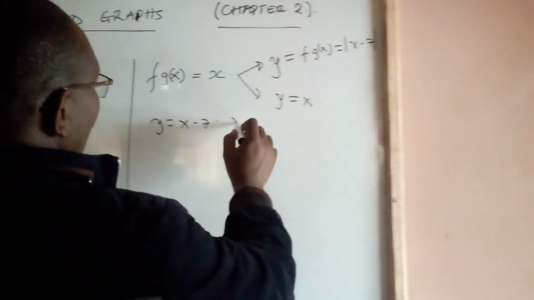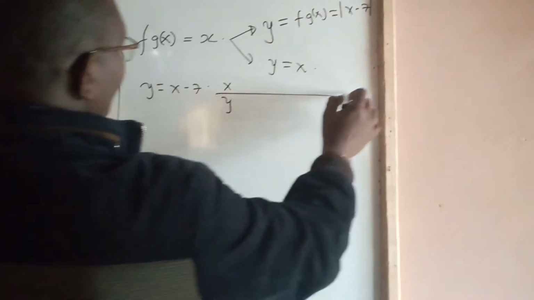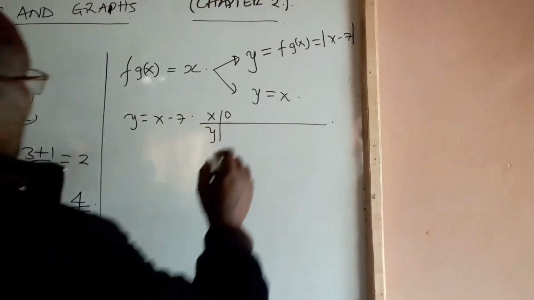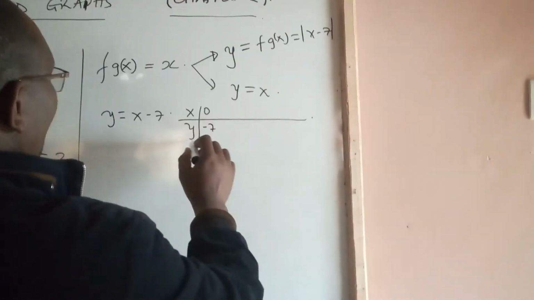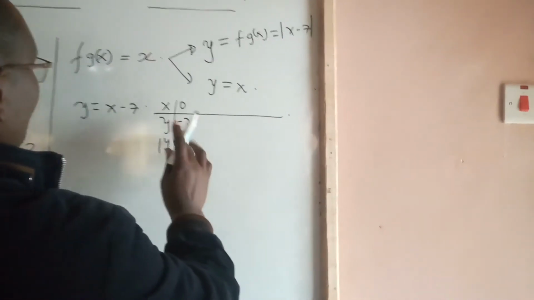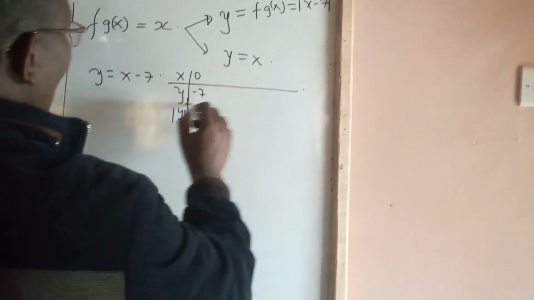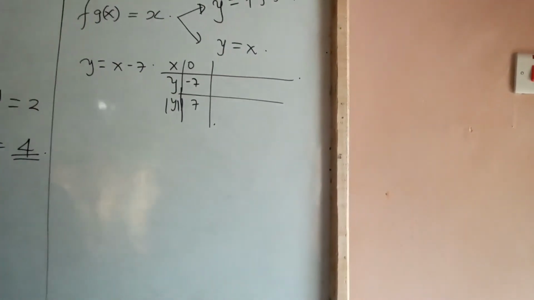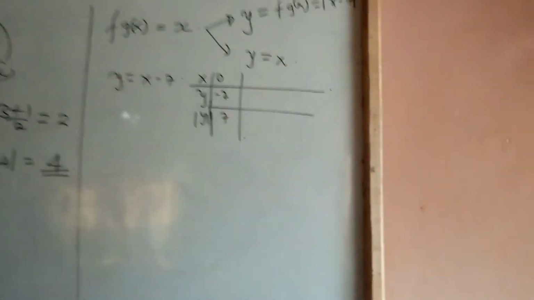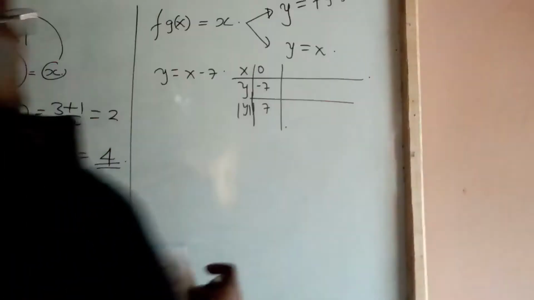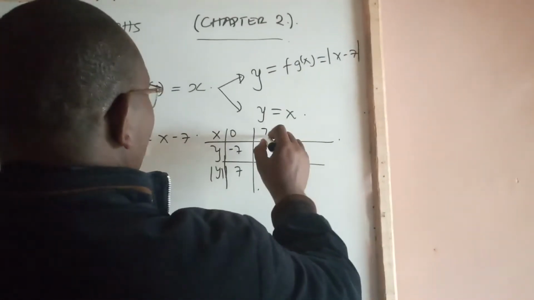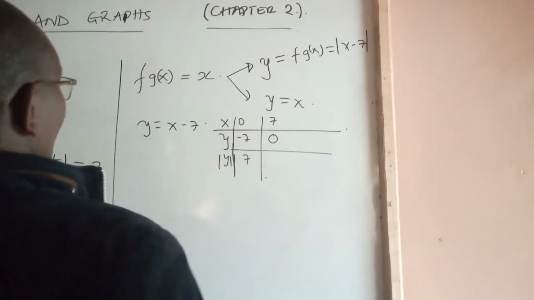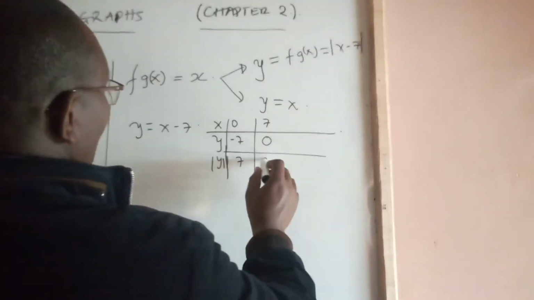If we make a table of values: when x is 0, y is supposed to be -7, and y modulus is now +7. When x is 7, you can see 7 minus 7 is going to be 0, and of course the modulus of 0 is 0.